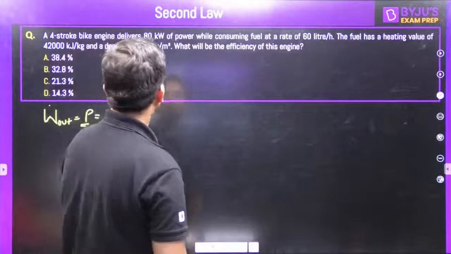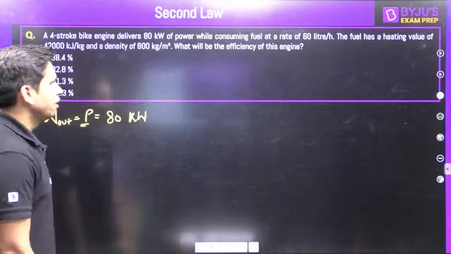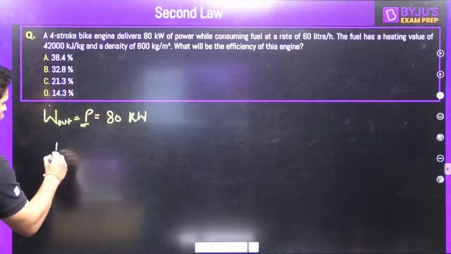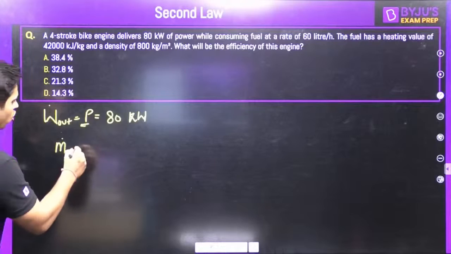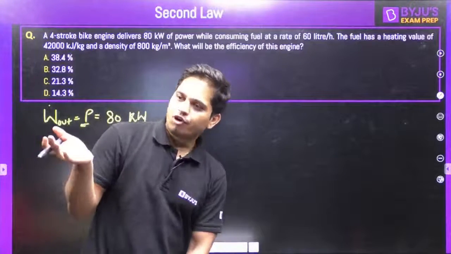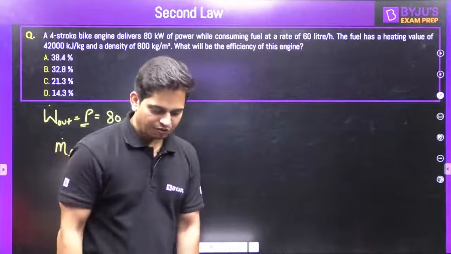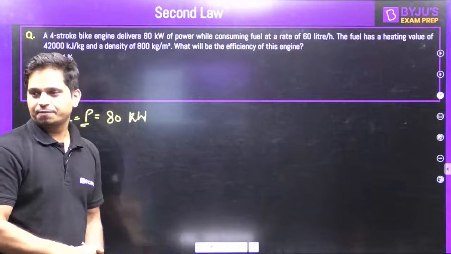While consuming fuel at the rate of 60 liter per second. So mass of fuel, m dot. Whenever you talk about per unit time, for example per second or per hour, you put a dot because it is flow rate.